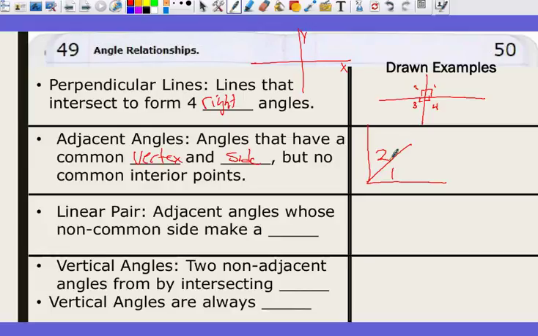So we have this one plus this one combined together, they make a straight line. That's called a linear pair. Linear means line. Pair, a pair of angles. So it looks something like this. This is the one. This is the second one. They make a line.